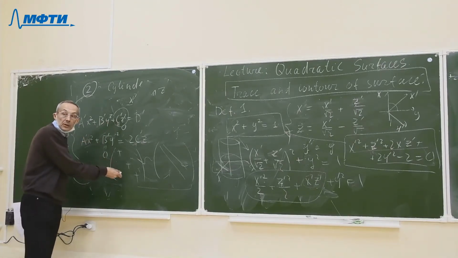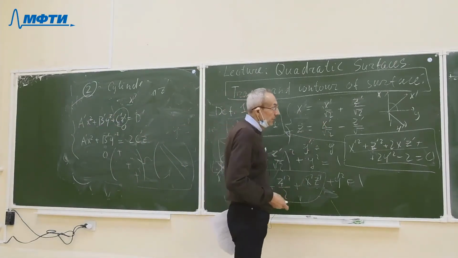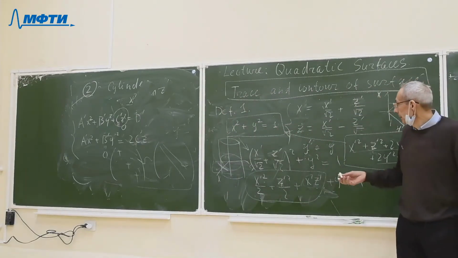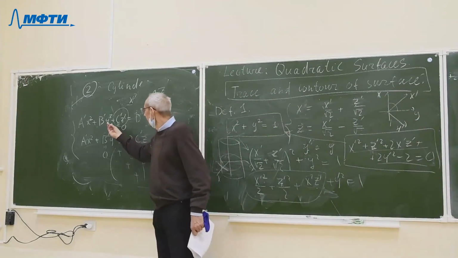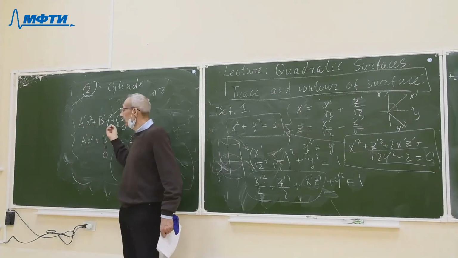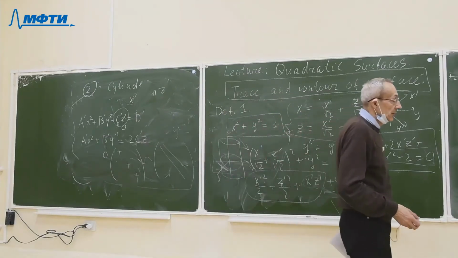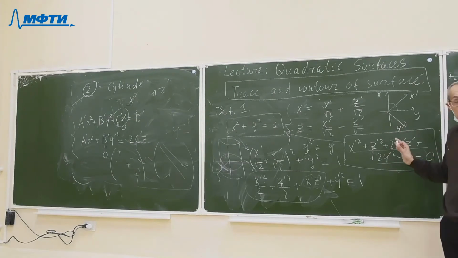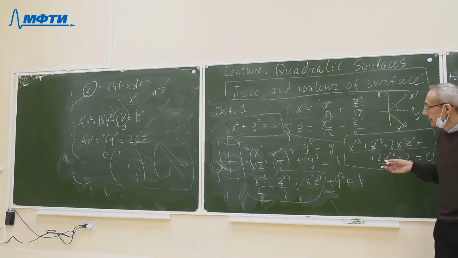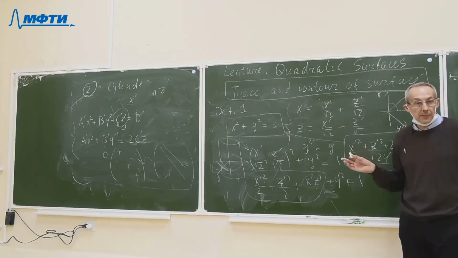We can calculate the determinant of this matrix. If the determinant is not equal to 0, all elements are not 0, and in this case our equation defines a surface which is not a cylinder.